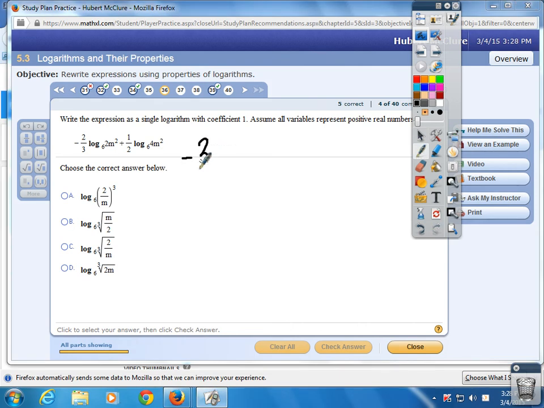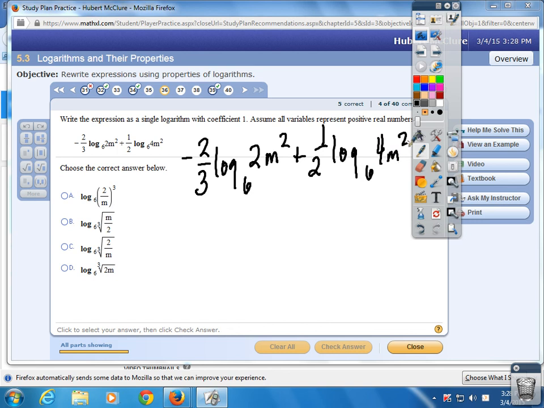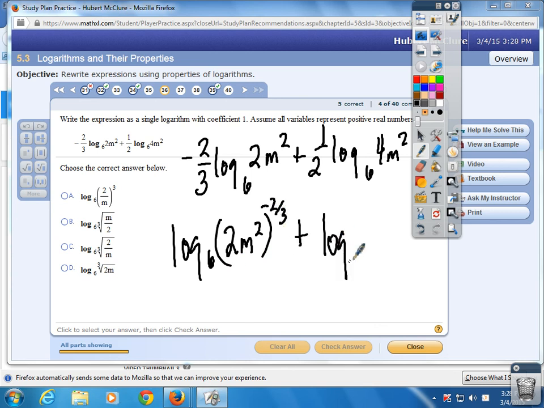Negative 2/3 log base 6 of 2m squared plus 1/2 log base 6 of 4m squared. The negative 2/3 comes out. That's going to be log base 6 of 2m squared raised to the negative 2/3 plus log base 6 of 4m squared raised to the 1/2.